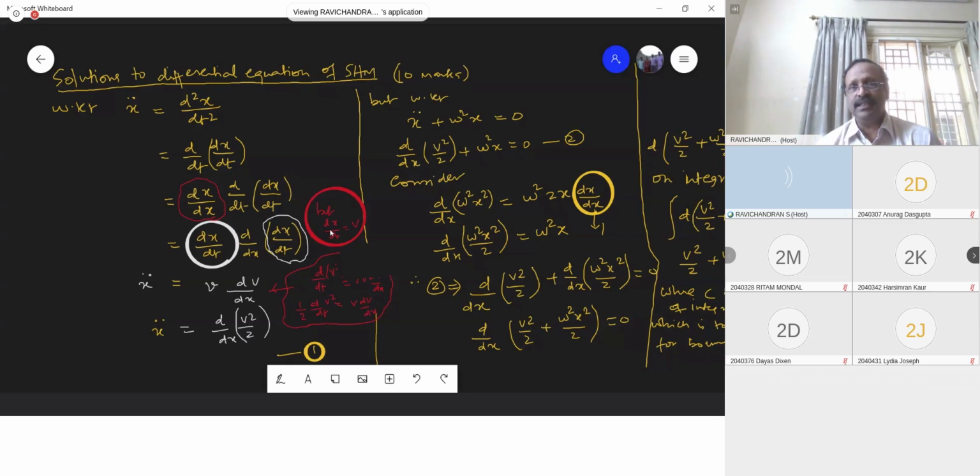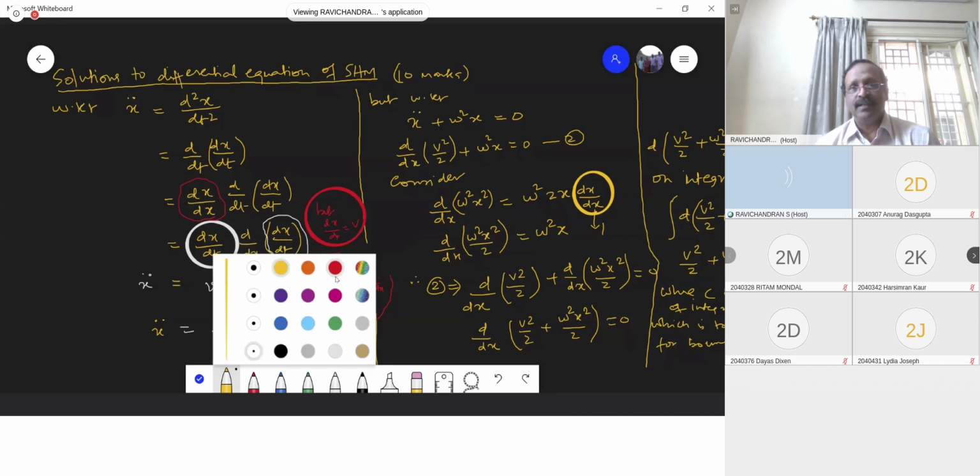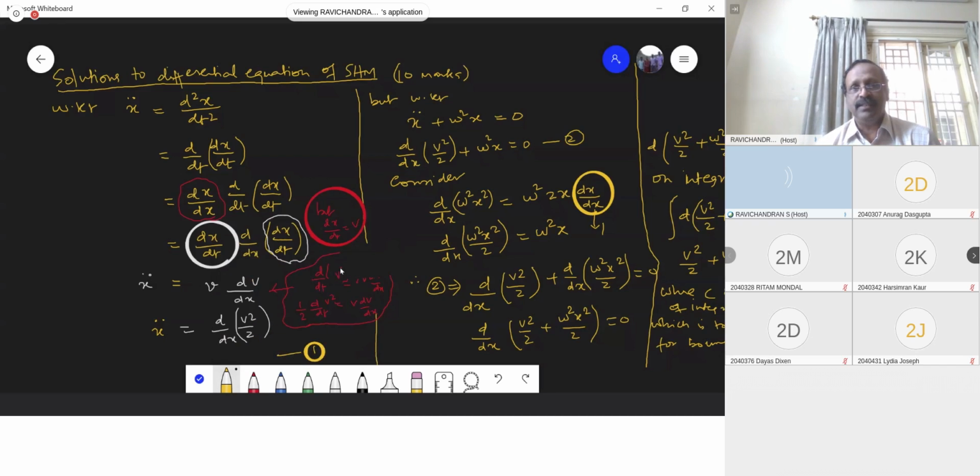But dx by dt is equal to v. Therefore, this becomes v, this becomes v, v into dv by dx. In order to convert this into this form, I go for this one. What is that? D by dt of v square I'm taking. If I take this, d by dt of v square equals 2 into v into dv by dx.